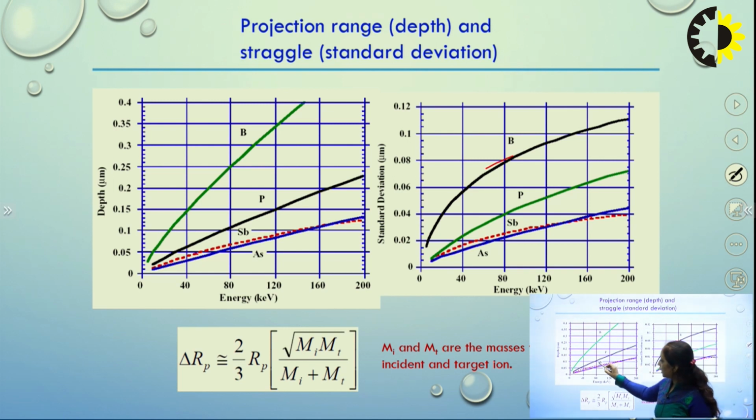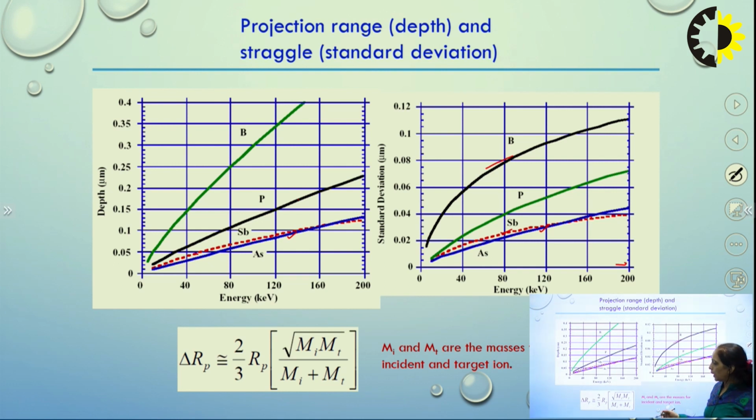Similarly, we have phosphorus, and here we see the phosphorus deviation. Then antimony, and here we have the deviation in the profile, and finally we have arsenic and the change in the arsenic profile.